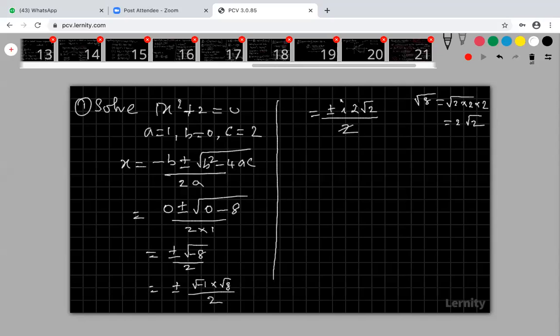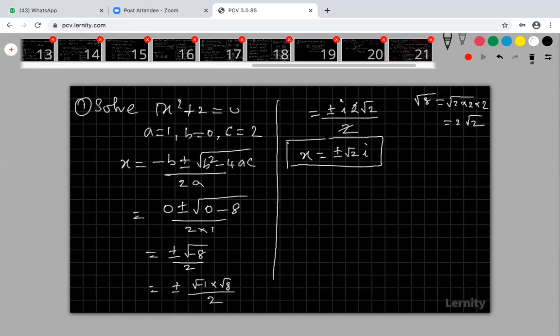Now cancel this 2 and this 2. Therefore, the solution is plus or minus root 2 i. This is a complex number. Why is this called a complex solution? Because this is a complex number, so the solution of this equation is a complex number.